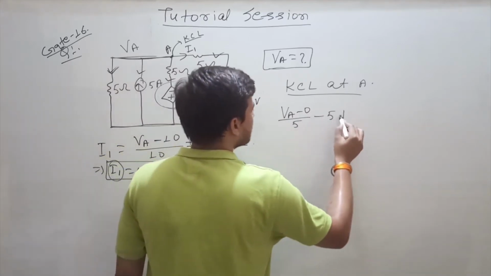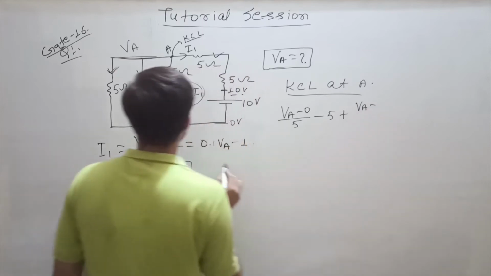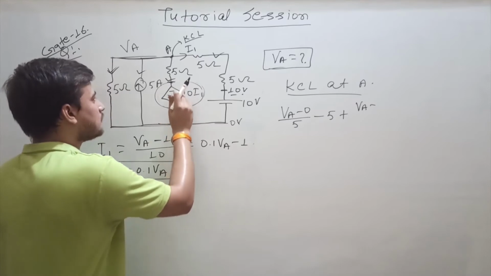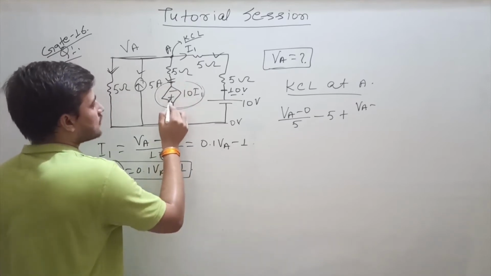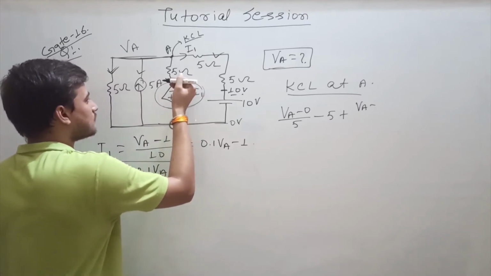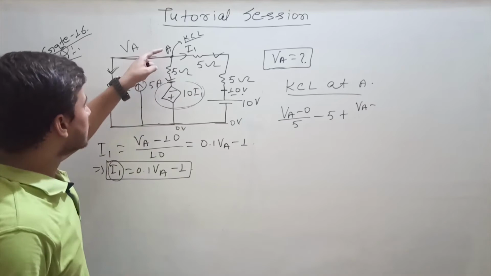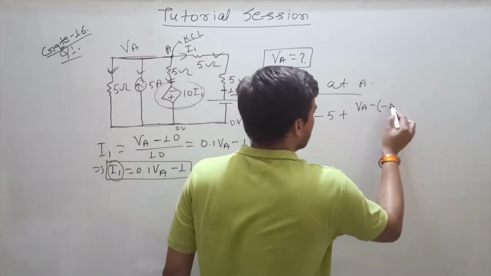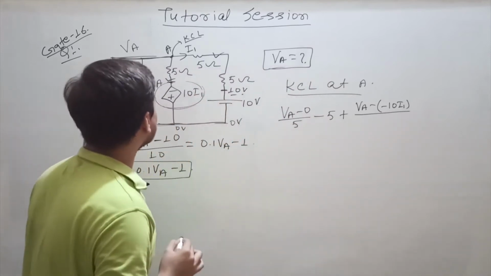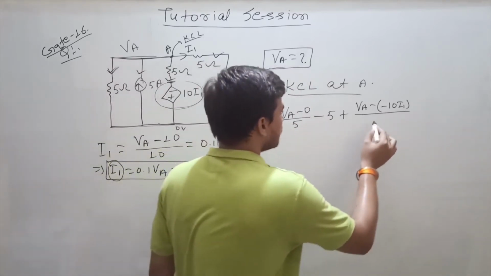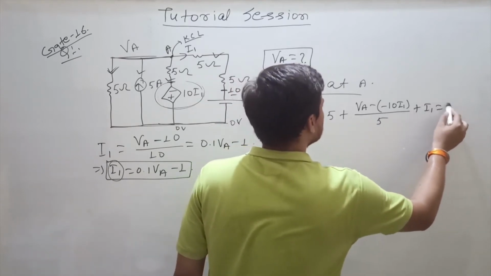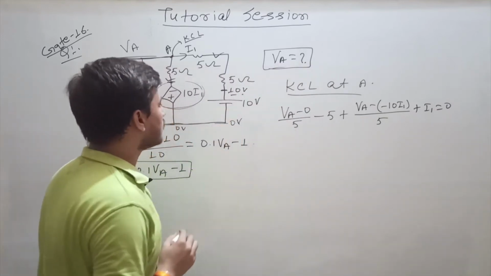Plus, come to the third branch. Here the potential is 0 volt, and here the potential is minus 10 I1 because there is a potential drop; this sign is plus, this sign is negative. So we write VA minus of minus 10 I1 divided by 5, plus this current I1, equal to 0.